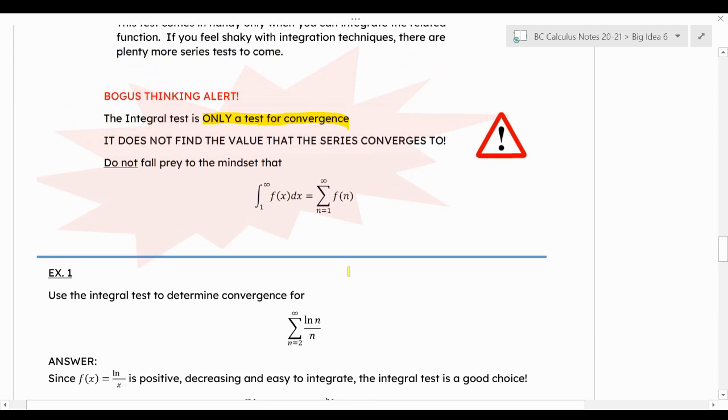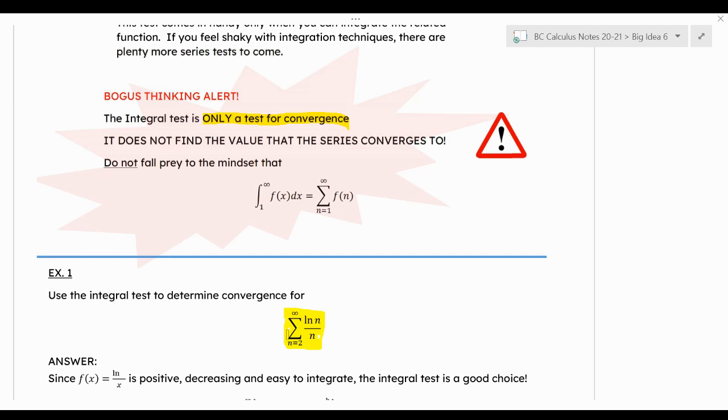Use the integral test to determine the convergence for the series from 2 to infinity of log n over n. Now, the integral test is going to come in handy when you can integrate the function, like log x over x. Don't feel compelled to integrate everything.